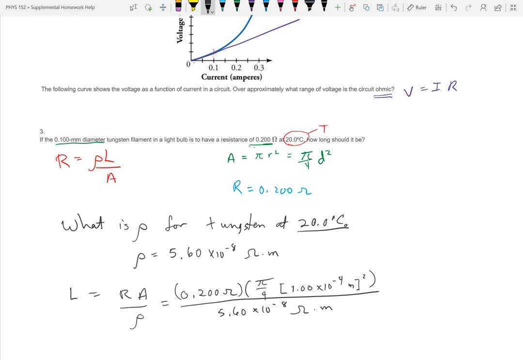There's our equation, and we just have to put that in the calculator.